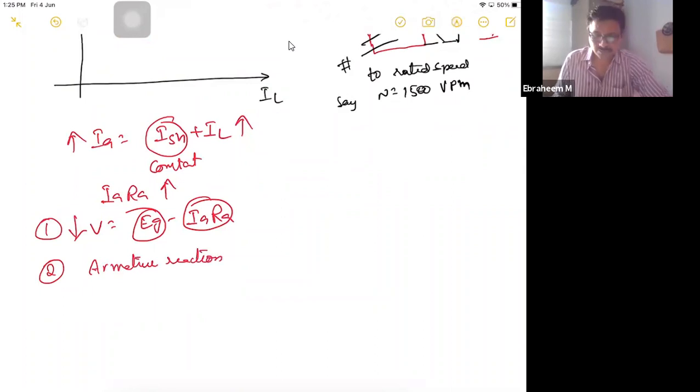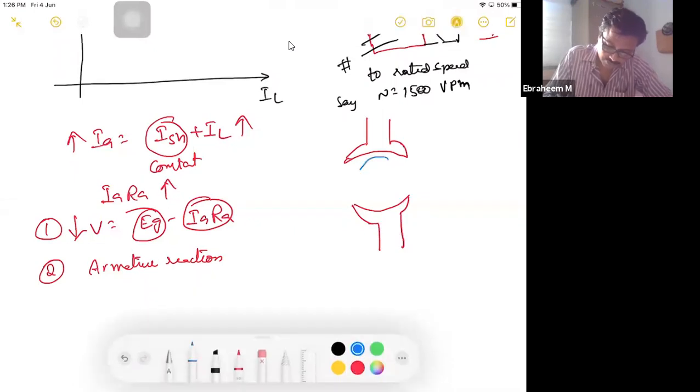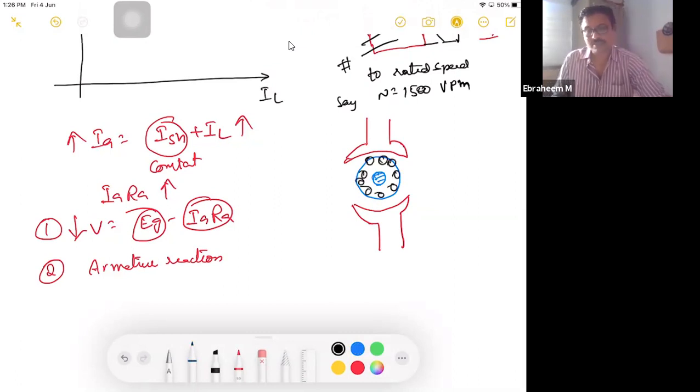Armature reaction means what? See, we have field poles, and also we have the armature. The armature has its conductors, winding, small circuits, right?